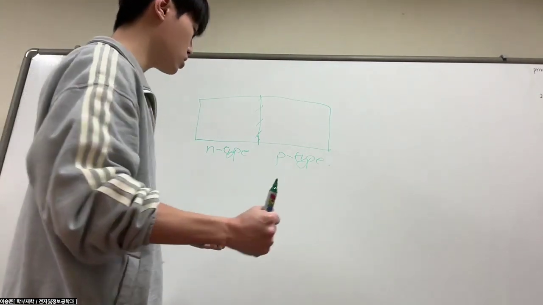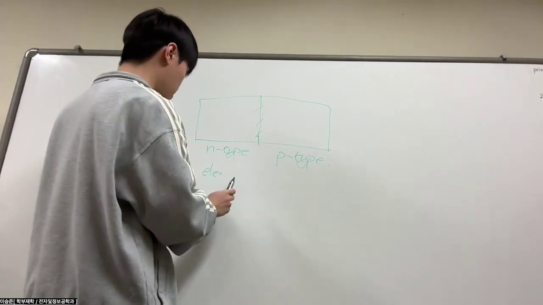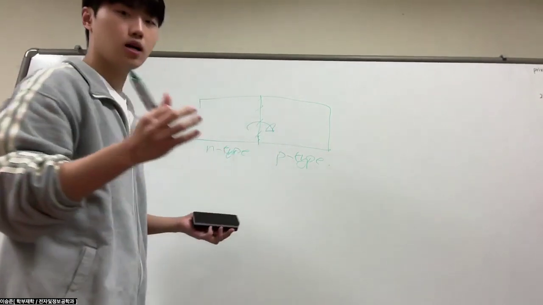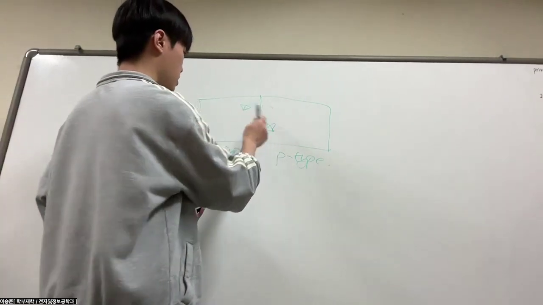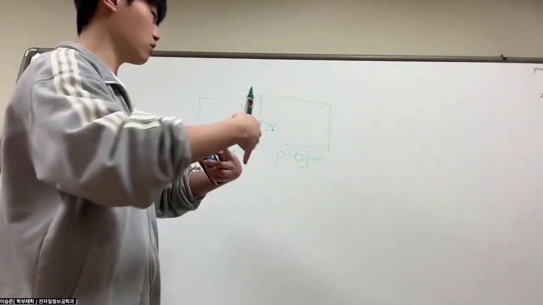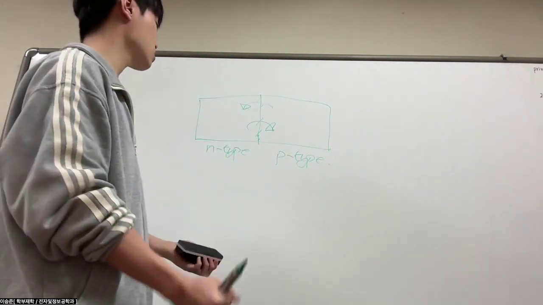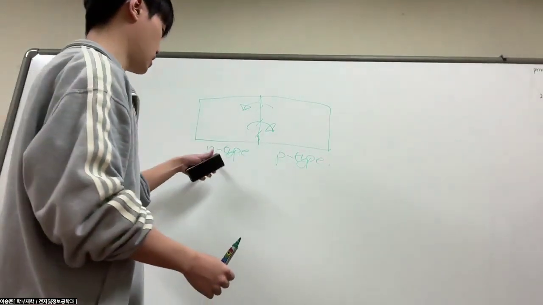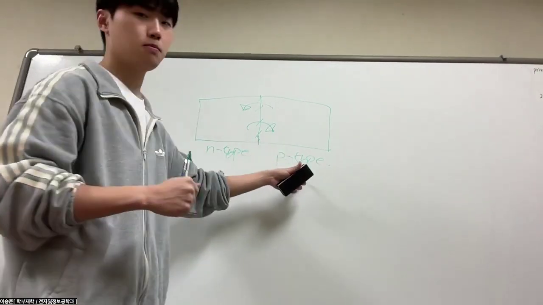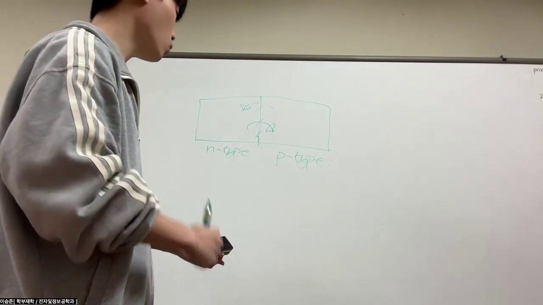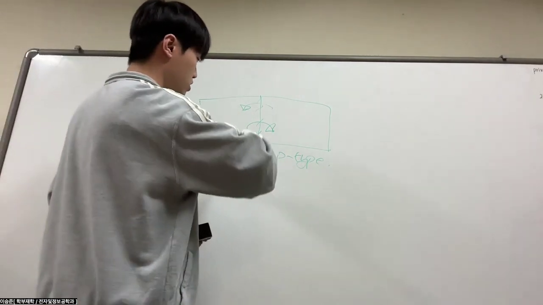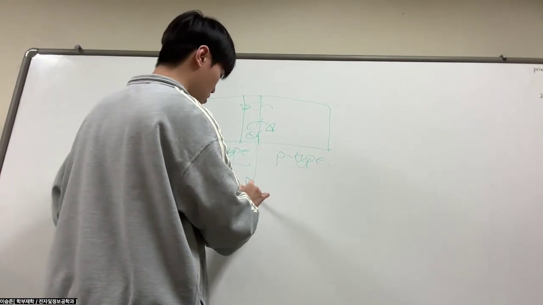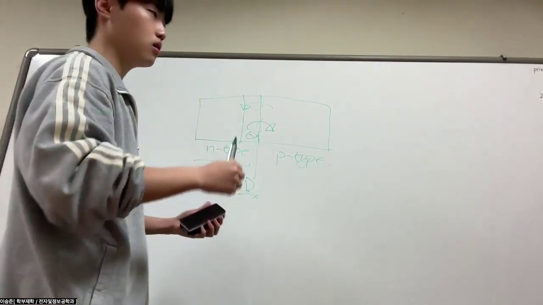And as I mentioned, the electrons go to the P-type and the P-type's holes go to the N-type, they diffuse to one another, because they have a difference in concentration, because N-type has lots of electrons and P-type has a lot of holes.